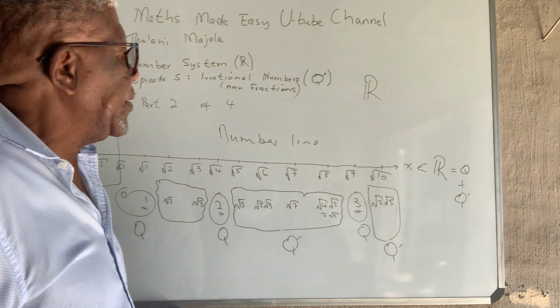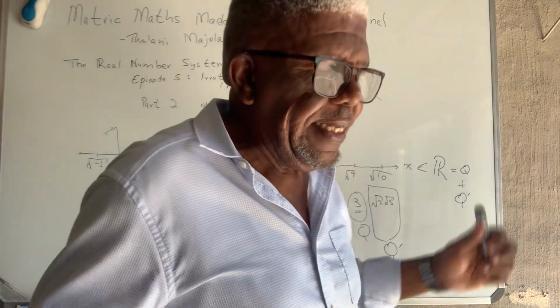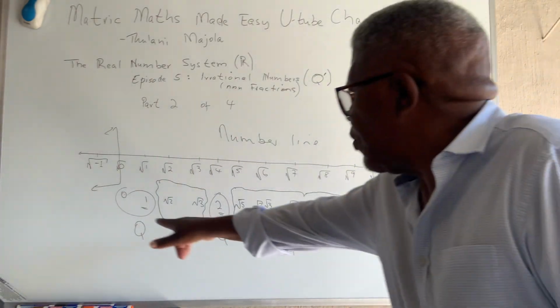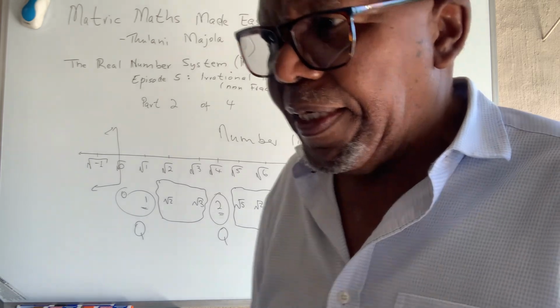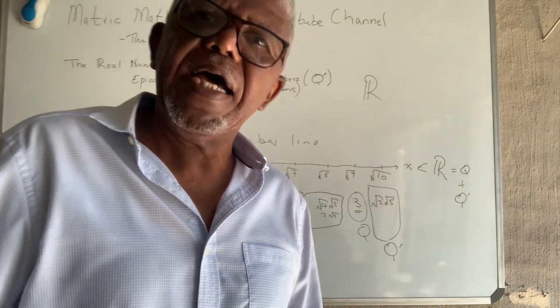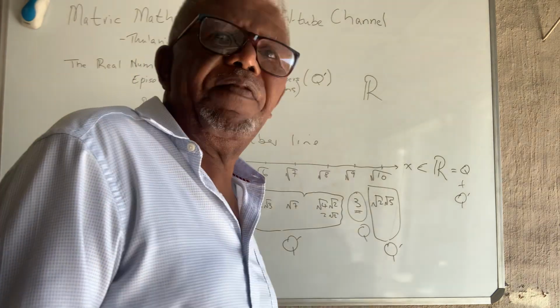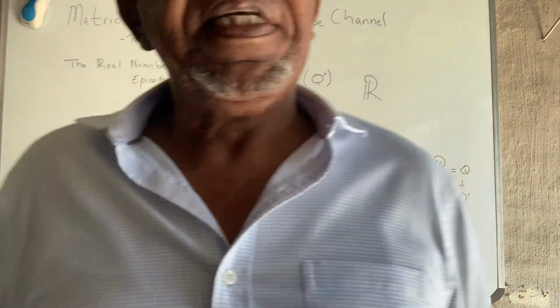Two types of numbers. All the real number system, we've got rational numbers and irrational numbers. But here I was showing you the integers. In the next section, I will try and go to the proper fraction part, which I discussed in the previous episode, and the improper fraction part.